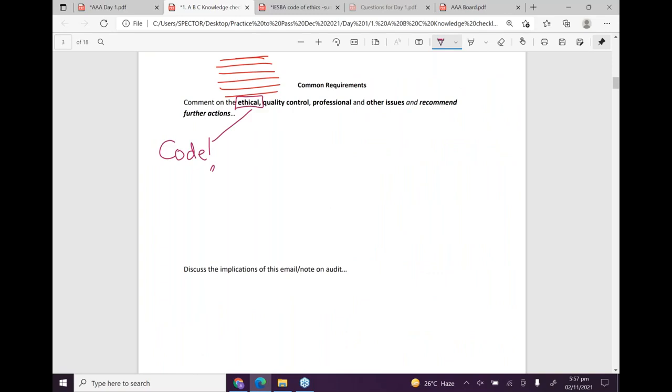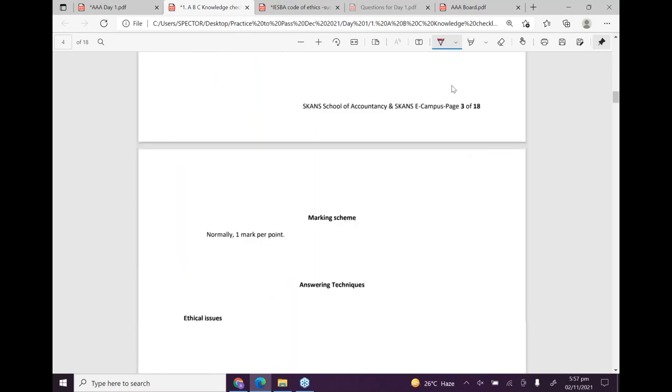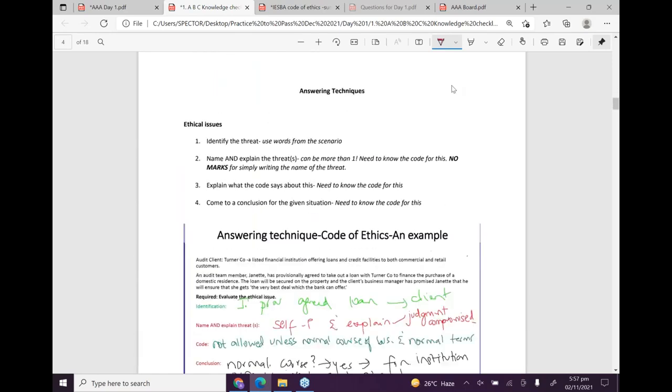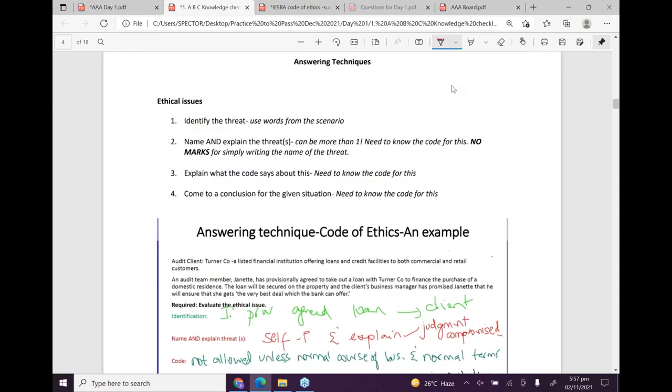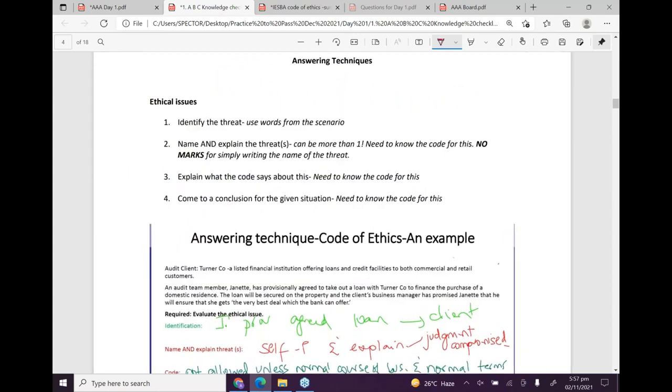Let's cover this first. Your examiner has said that there is a format or a sequence that you need to follow for ethical issues, which will make it much easier for you to get marks. So I'll do the format first, and then I'll do an example where I fit in the format.